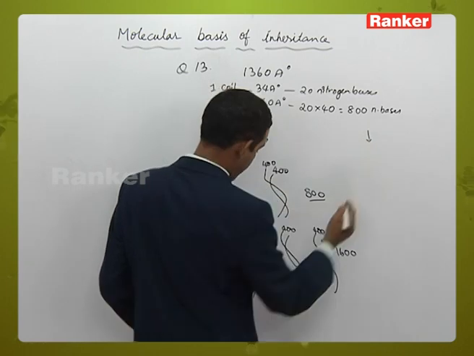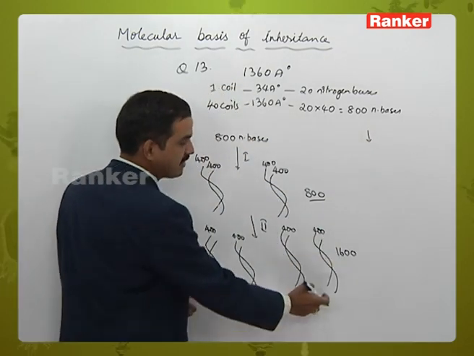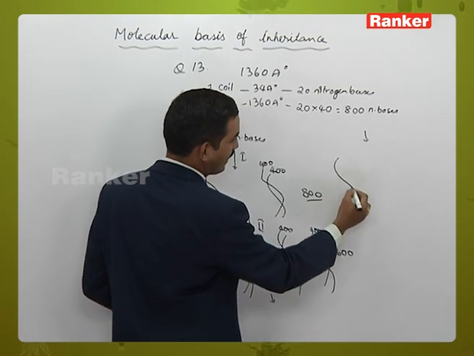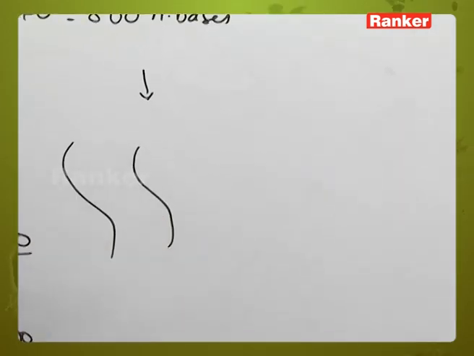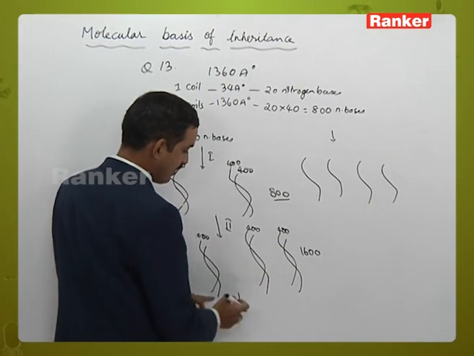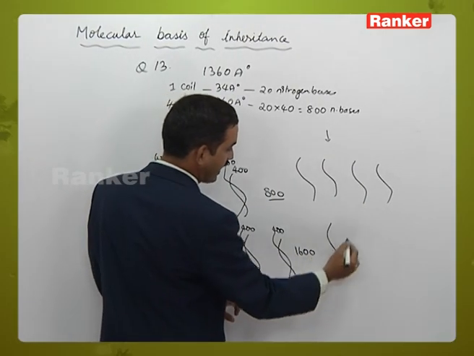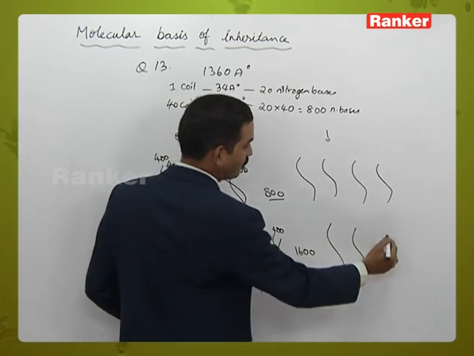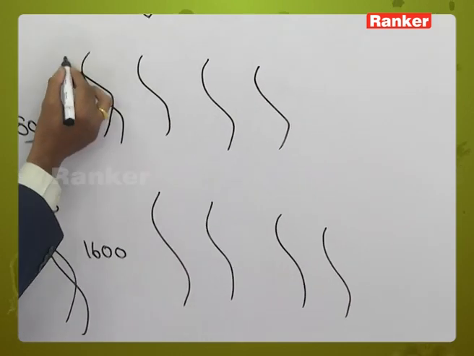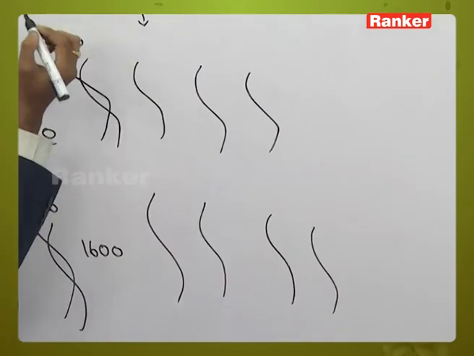In the third generation, the 4 of them are separated out. From here, 2 are separated like this, and 2 are separated from this one. From this one also 2 are separated out, and from this one also the 2 strands are separated out. Then this one will synthesize a new strand where 400 ribonucleotides are taken.